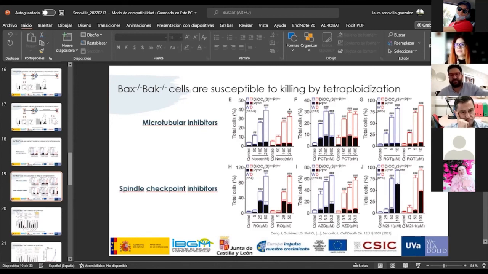Well, I think that it's a good idea, but this is really a spoiler of my hypothesis. But okay, I think that the good idea is to use tetraploidizing agents to induce senescence, in combination with senolytics to eliminate the senescent cells. I think that it would be the best treatment, but of course, maybe we can look for another kind of treatment.